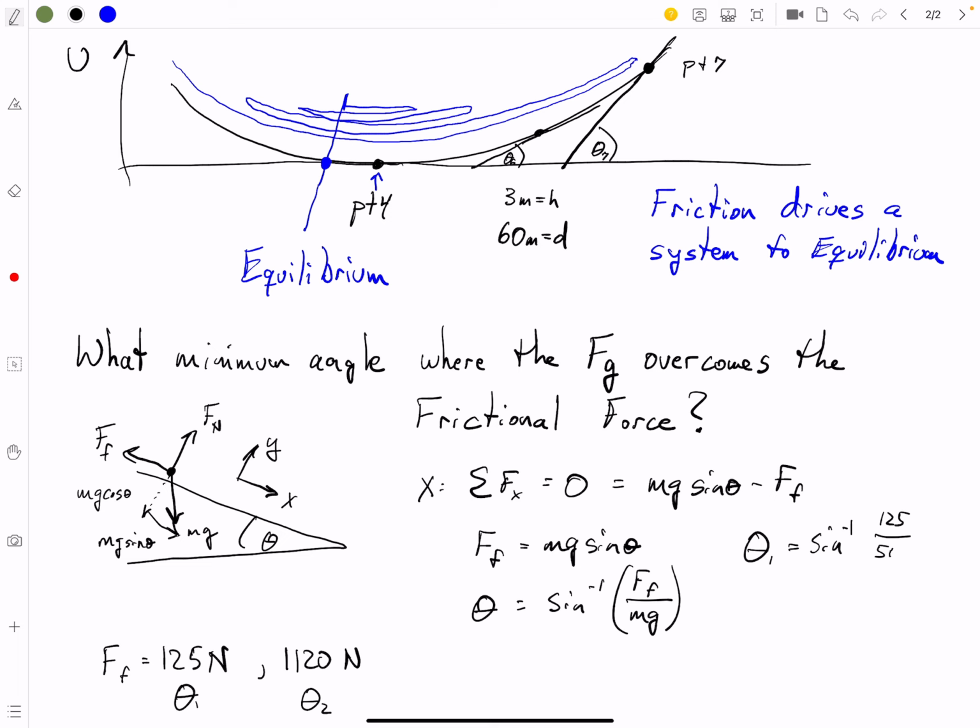It's 4,900 newtons. So theta 1 is equal to 1.45 degrees. Theta 2, that, my friend, is 13.2 degrees.